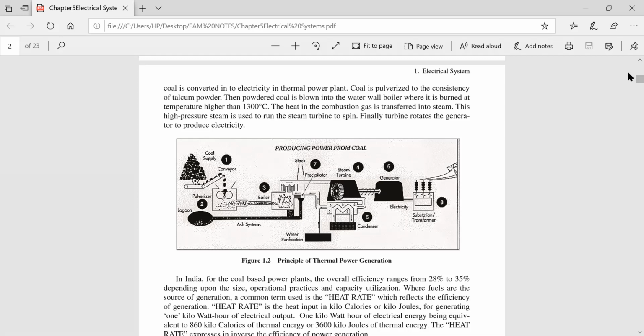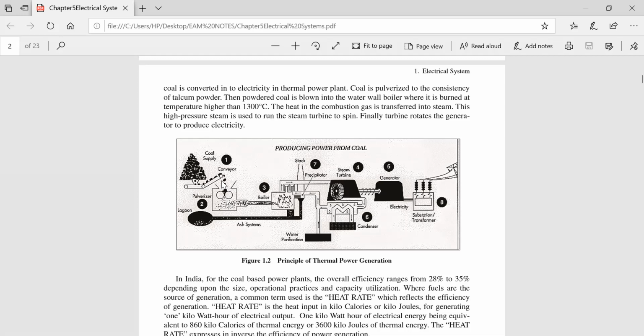So here the coal is converted into electricity in a thermal power plant, and that coal is pulverized. Pulverized means it's in a powder shape, right? Then that pulverized coal, or the powder coal, will be blown into the water wall boiler, where it is burned at a very high temperature, higher than 1300 degrees Celsius.